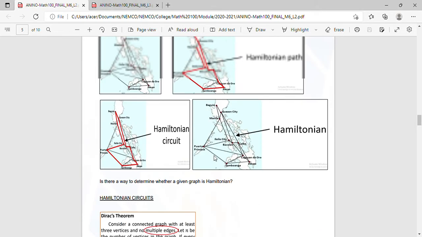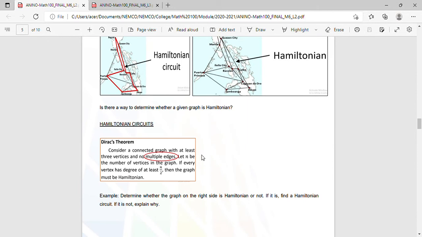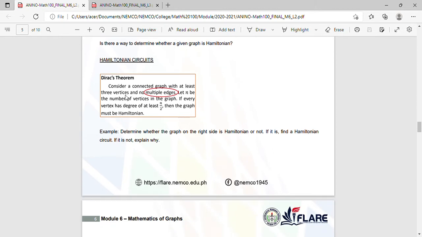Is there a way to determine whether a given graph is Hamiltonian? That's a question mark. So we call it Dirac's theorem. In Dirac's theorem, we consider a connected graph with at least 3 vertices, and no multiple edges.